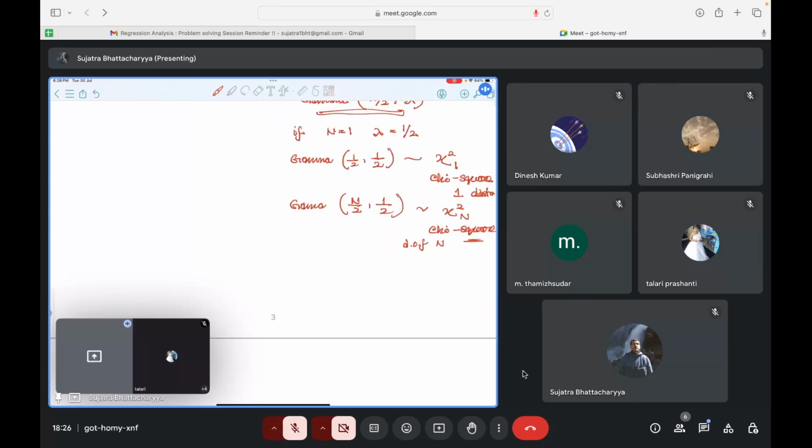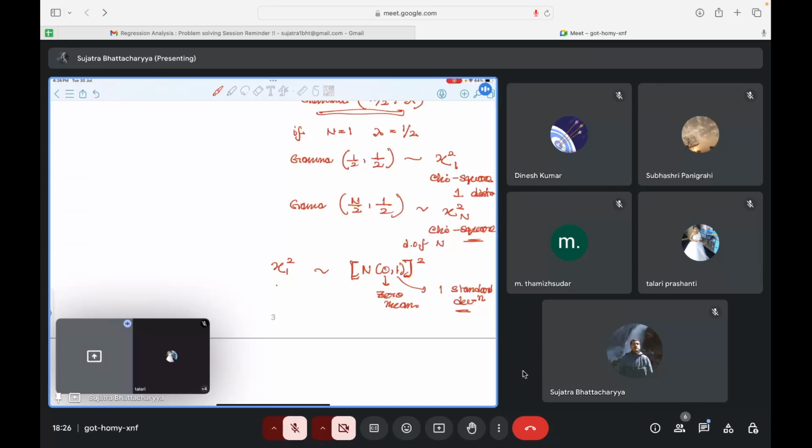I'm not writing each and everything right now. Another important property is that the chi-square 1 distribution is actually normal(0,1) whole squared. Remember, the chi-square 1 distribution is related to the normal distribution with zero mean and one standard deviation.